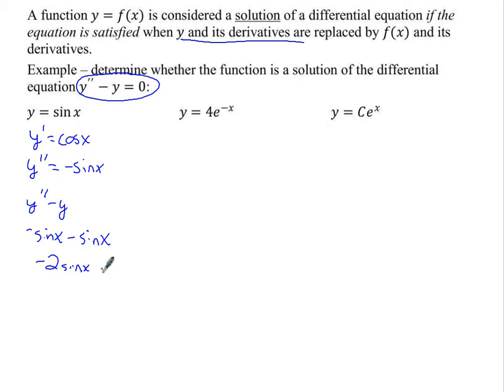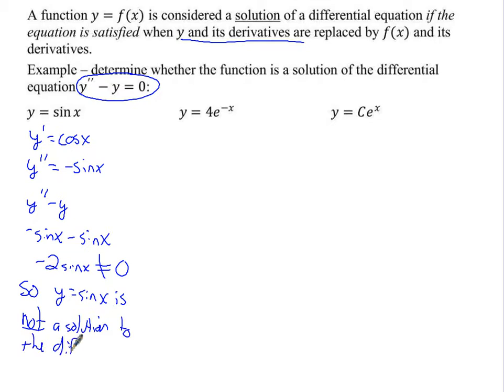Did we get 0? No. So this is not equal to 0, so y equals sine x is not a solution. And if I wanted to be totally formal, I'd write to the differential equation y double prime minus y equals 0. So all of this would be the answer. This would be the proof that shows why that is the answer.